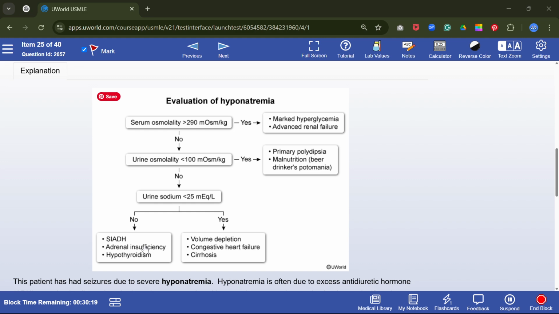And if urine sodium is not less than 25 milliequivalent per liter, that means if urine sodium is high, then SIADH, adrenal insufficiency and hypothyroidism should be thought of.